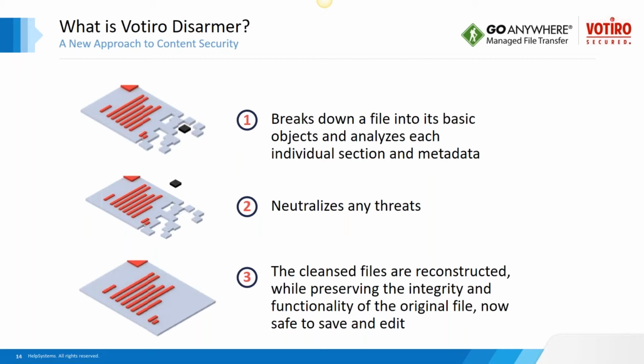And it's the only surefire way to completely eliminate the malware that is in the file. The file is then reconstructed according to the structure and format of the file type, and it's completely sanitized after this process.